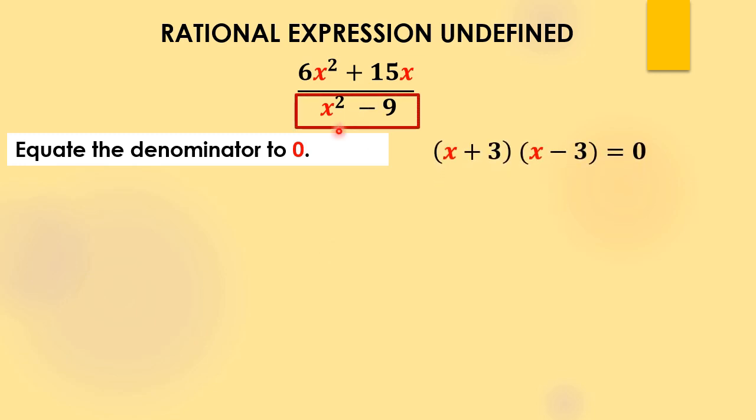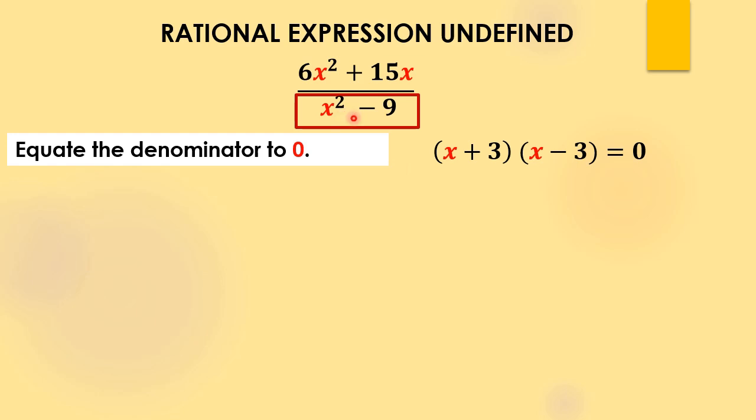So x squared minus 9, this is a special product, a kind of polynomial. If you remember our past lesson, x squared minus 9 is an example of the difference of two squares. The factors of a difference of two squares are the sum and difference of two binomials.